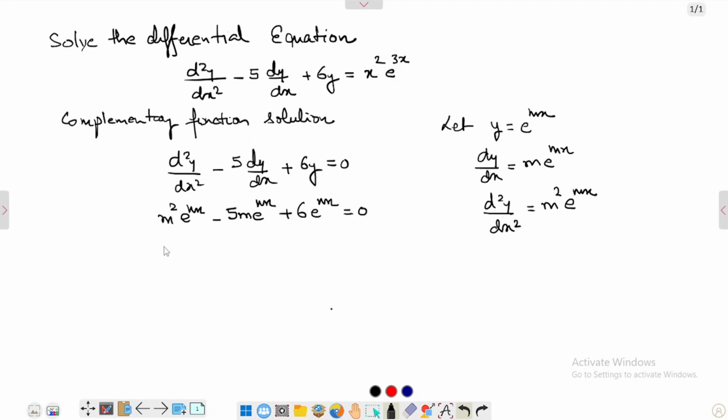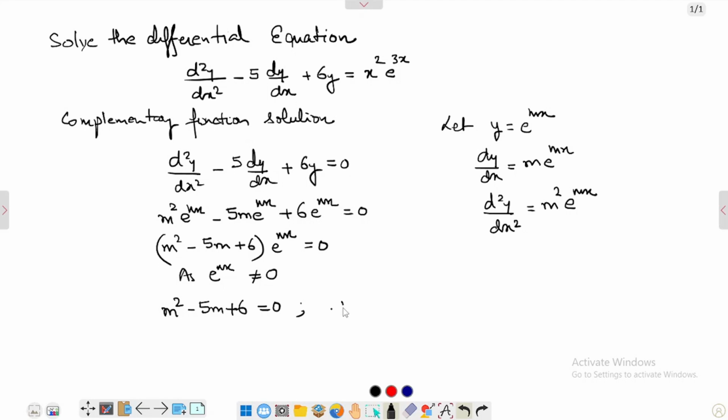Now I will write down this equation. We got m square minus 5m plus 6, times e to the power mx, equal to 0. As we know that e to the power mx is not equal to 0, we take m square minus 5m plus 6 equal to 0.